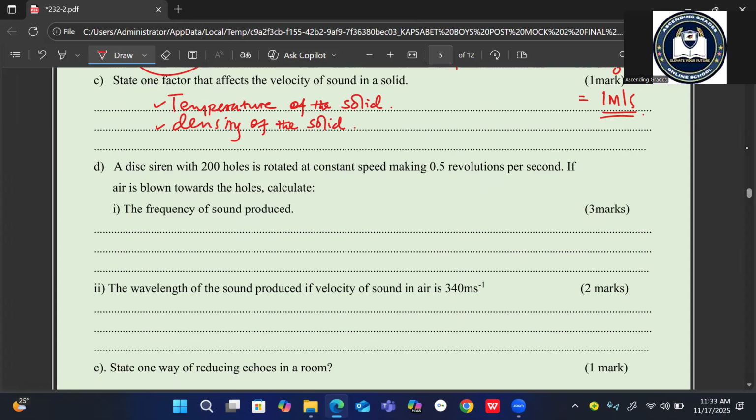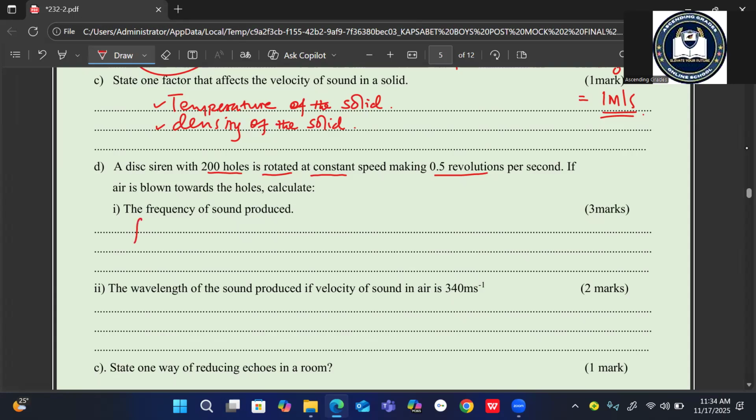A disk siren with 200 holes is rotated at constant speed, making 0.5 revolutions per second. If air is blown towards the holes, calculate the frequency of the sound produced.